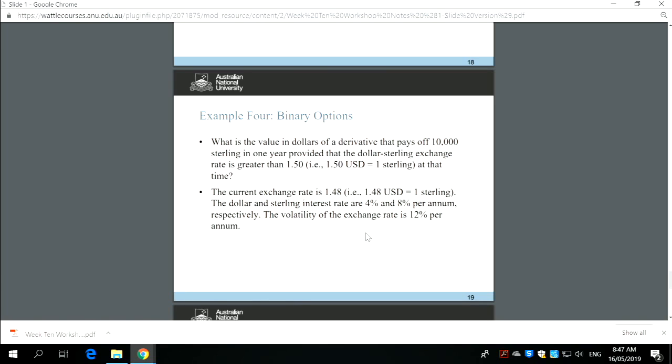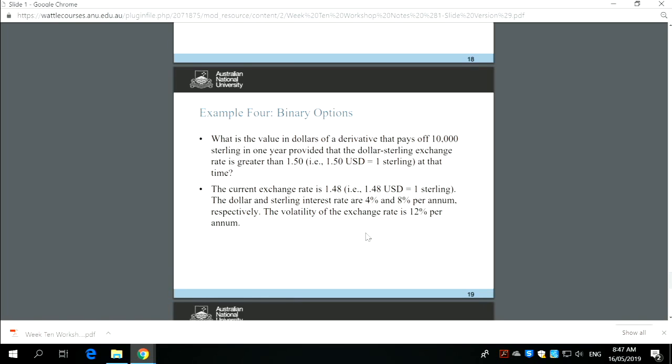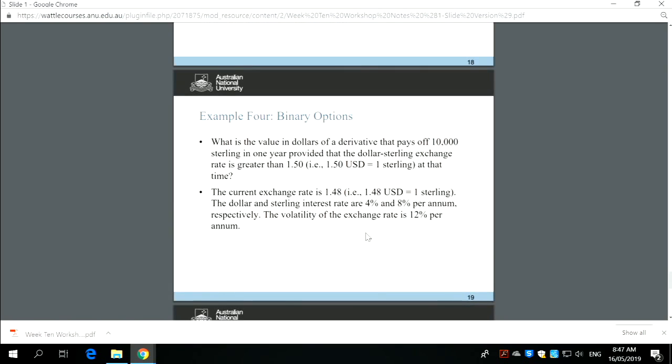Okay, so how can we value this binary option? First of all, let's think about it from the dollar holder's point of view, right? If you are an investor holding dollars, let's read about this payoff. This derivative would pay you 10,000 sterling in 1 year, provided the spot rate is above 1.5, right?